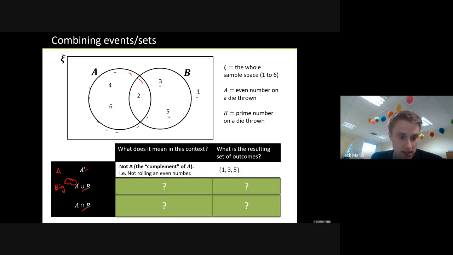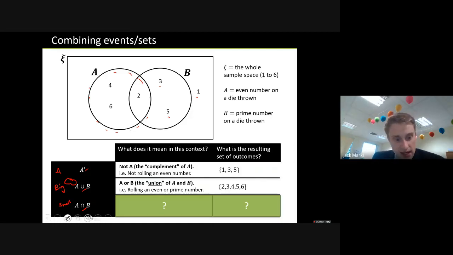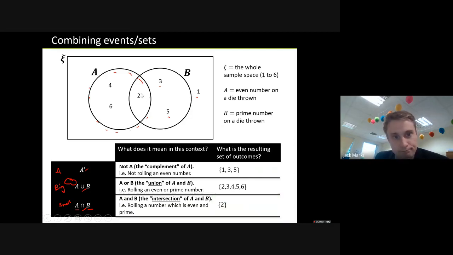It doesn't matter, but it's in at least one of them. This is called the union, so everything apart from the 1. And intersection tends to be a smaller subset. In set A and in set B at the same time. It's called the intersection, and there's only one number there, which is 2.